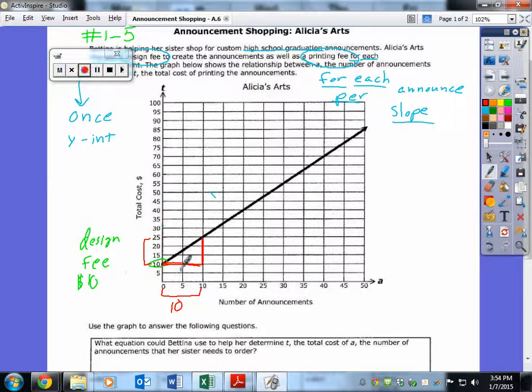So for 10 announcements, you'll end up paying, from 10 to 10, 5, 10, 15, you'll end up paying $15. Okay, well if it's $15 for 10 announcements, then how much is it going to be for just one announcement? It's simple. You just divide and you get $1.50, and there's our printing fee.